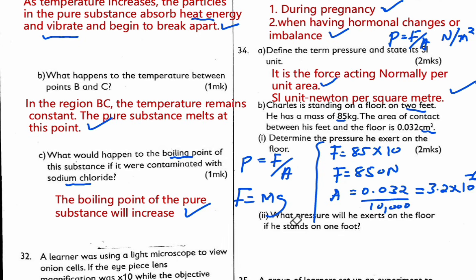I'm going to divide these two. So allow me to write here for my working. So pressure will be the force, 850 newtons, over the area, which is now 3.2 times 10 raised to negative 6 meter square.